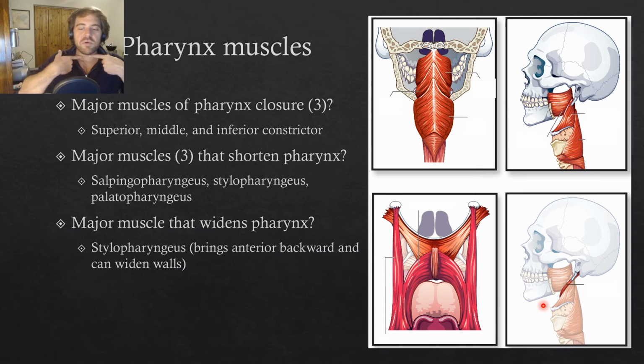It's also going to pull the anterior portion towards the back so it can constrict it a little bit. But also, over here on this portion, it can pull and kind of widen the walls of the pharynx. So the stylopharyngeus has a few different things it does. It can widen the pharynx, it can bring the anterior portion towards the posterior portion, or it can shorten the pharynx by lifting up.